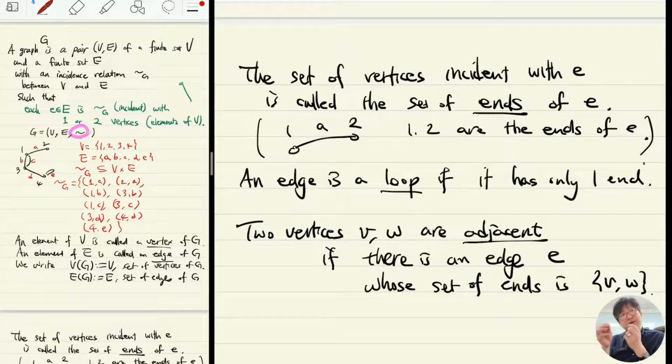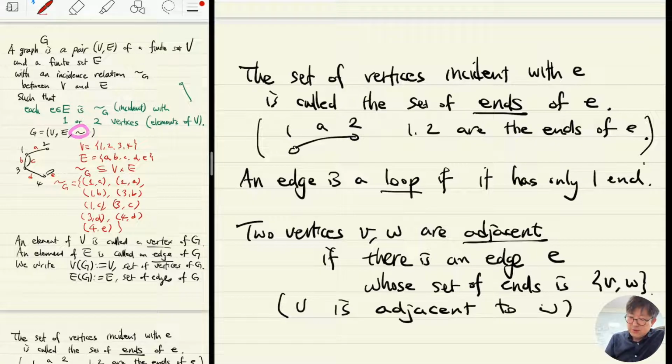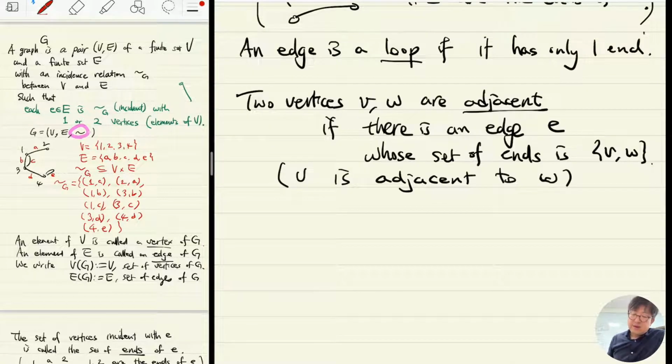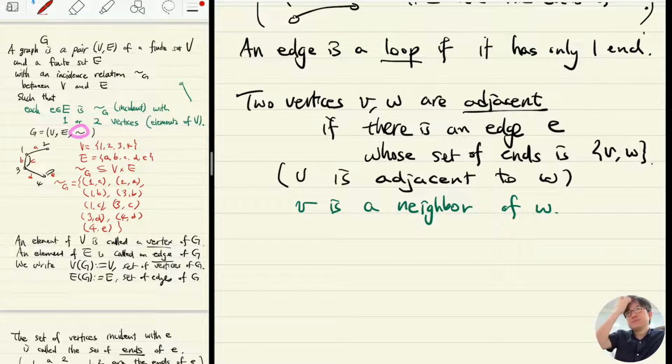If you have an edge incident with both v and w, then we say that v is adjacent to w. And then we also say that v is a neighbor of w.